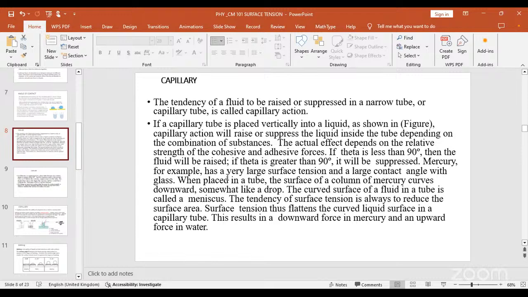Mercury, for example, has a large surface tension and a large contact angle with glass. We are trying to compare a normal liquid with mercury.